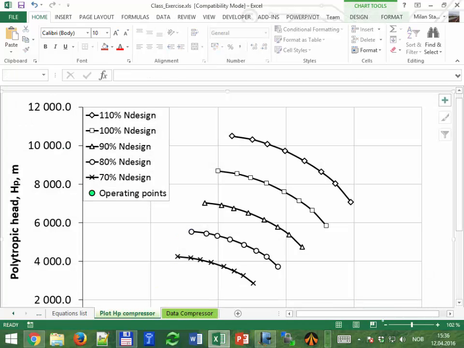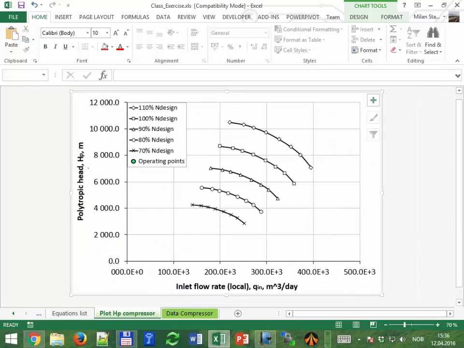You know already what polytropic head means; on the x-axis is the flow rate at the inlet of the compressor. It doesn't have the RPM, but it has the percentage of the design speed. Okay, it can run from 70% up to 110%. And these edges already define, they already contain the surge and the stone wall limits.